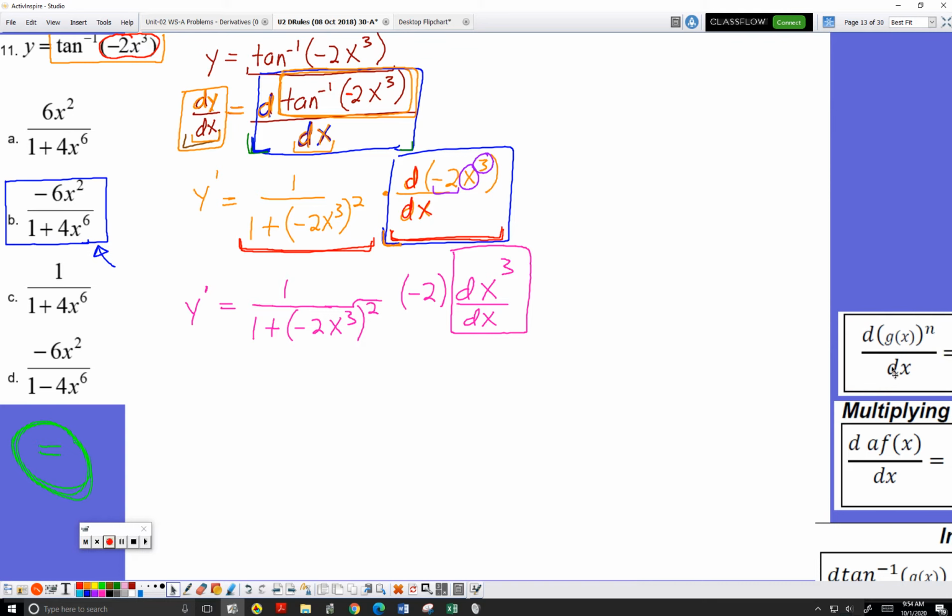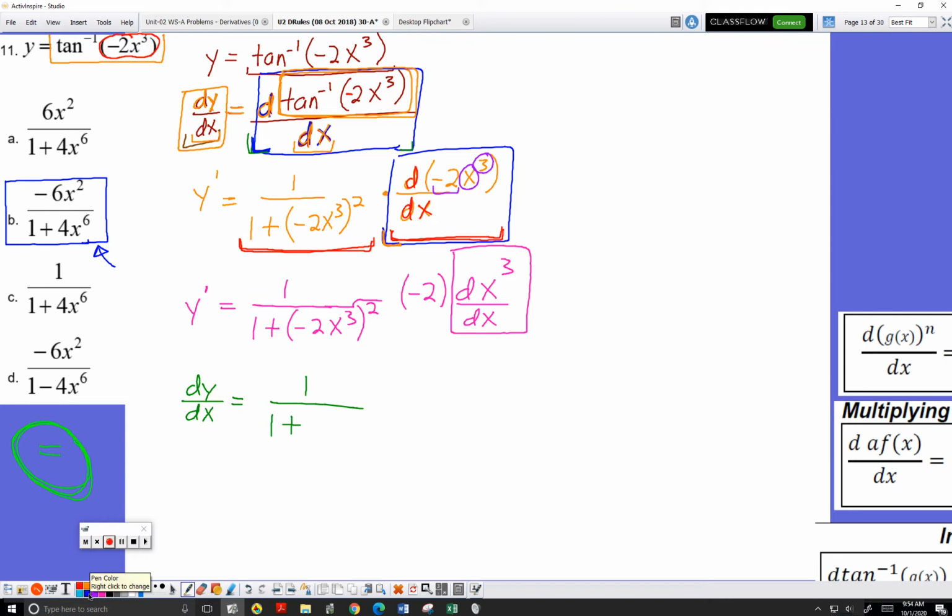Okay, next line. Y prime, or back to dy dx. It doesn't matter which. 1 over 1 plus. Okay, now you have to remember what it means to square something. We're not doing calculus here, we're just doing algebra.